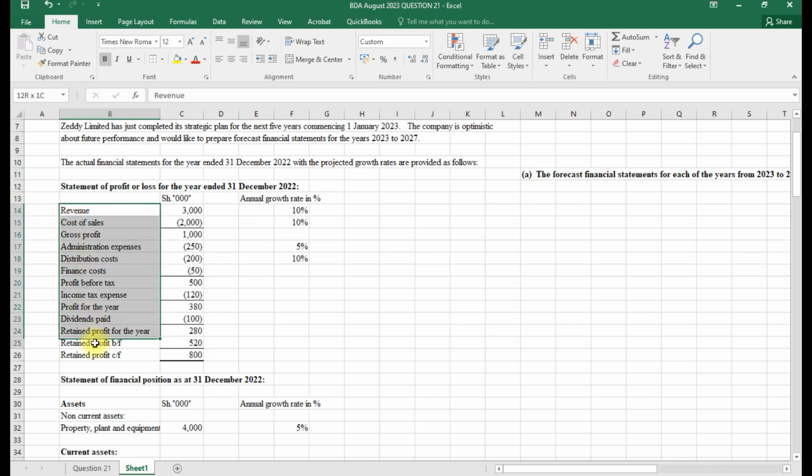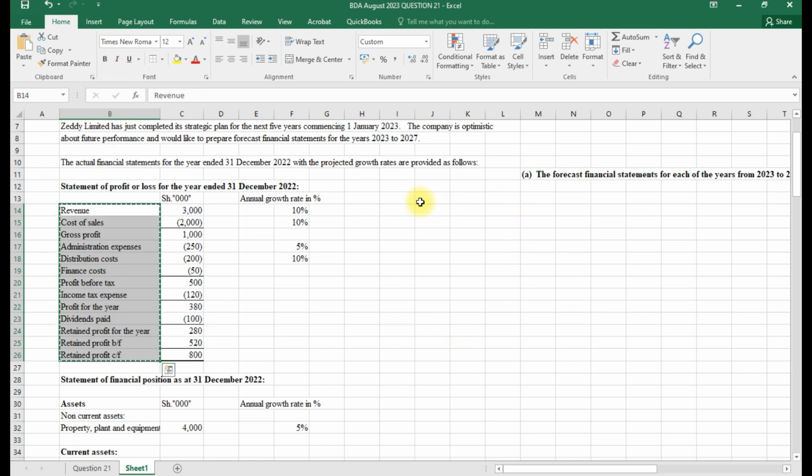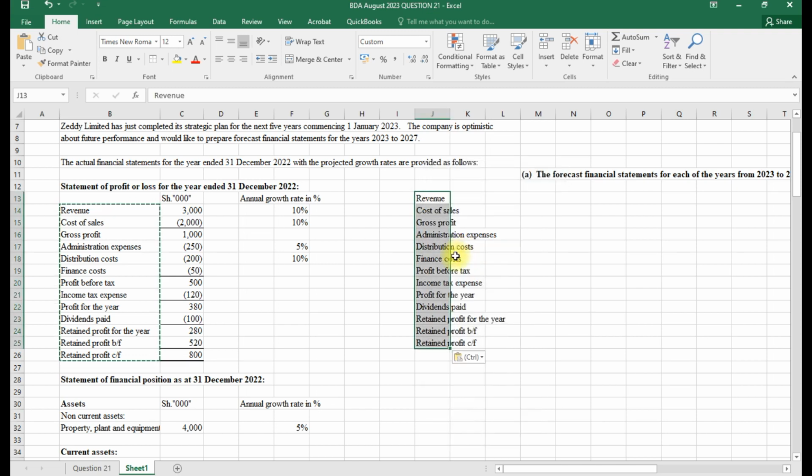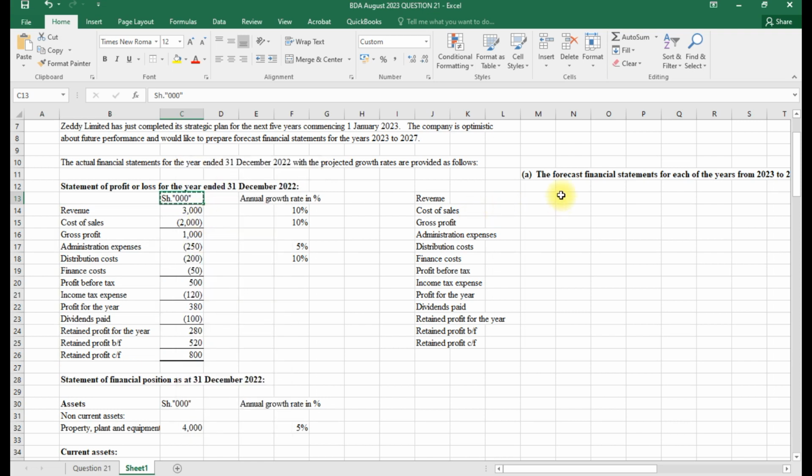Okay, I'll first copy this again and I'll paste it here. Let me paste it there, and I'll copy this and paste it here.